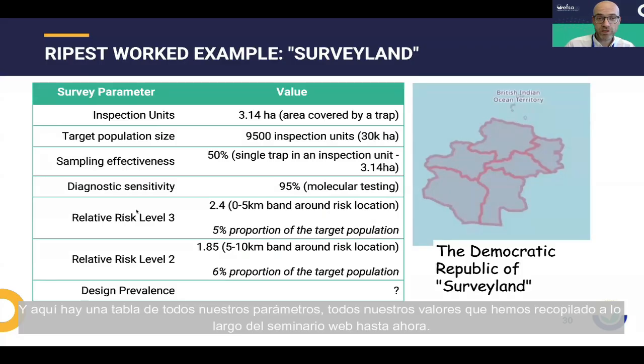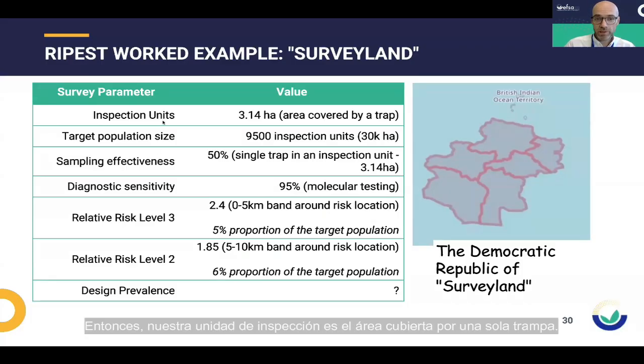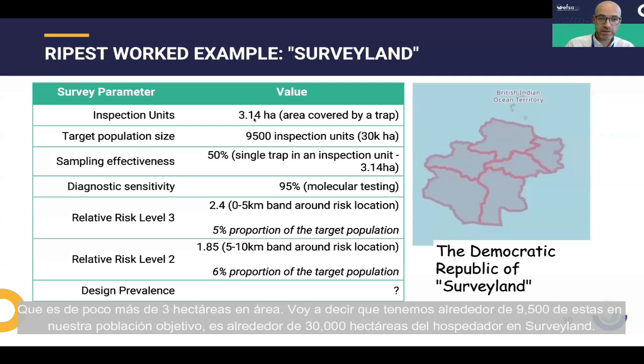So our inspection unit is the area covered by a single trap, which is just over 3 hectares in area. I'm going to say that we've got around 9,500 of these in our target population. So it's around 30,000 hectares of the host in Surveyland.